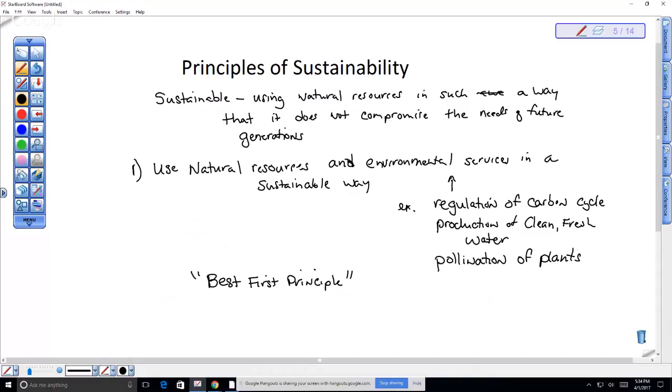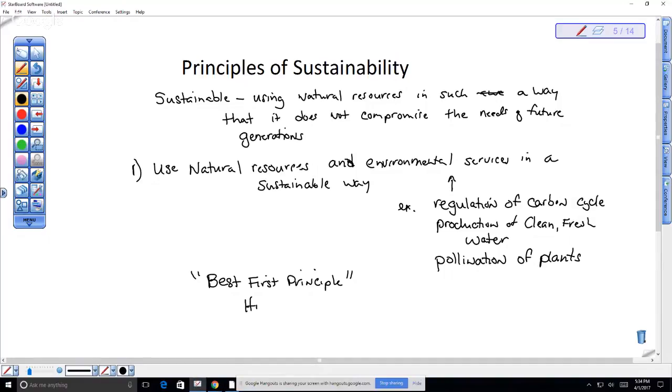And what this means is that they use the best resources first, so the highest quality. And also humans, when they go out, they want it easy, right? So if you were going to go fishing, where would you fish? You would fish where there's lots of fish, right? So you would go to the best streams. You might go to the best areas off the coastline where you know that there are fish, and then you would catch the easy fish, right? So you wouldn't catch small fish, you would probably catch big fish, right? And so this is the idea that we use the highest quality of resource first.